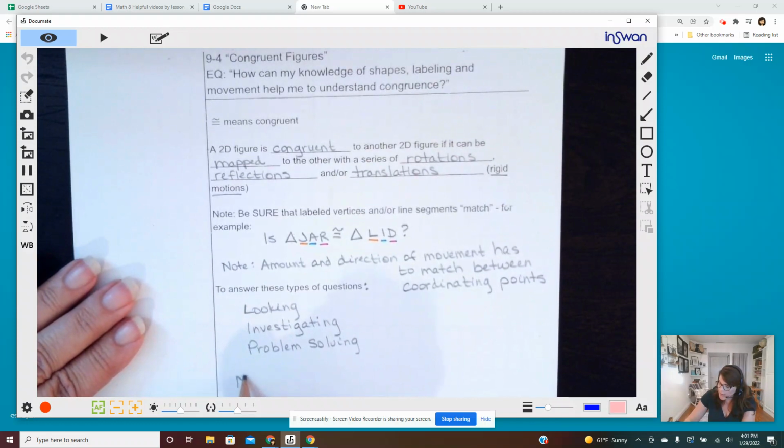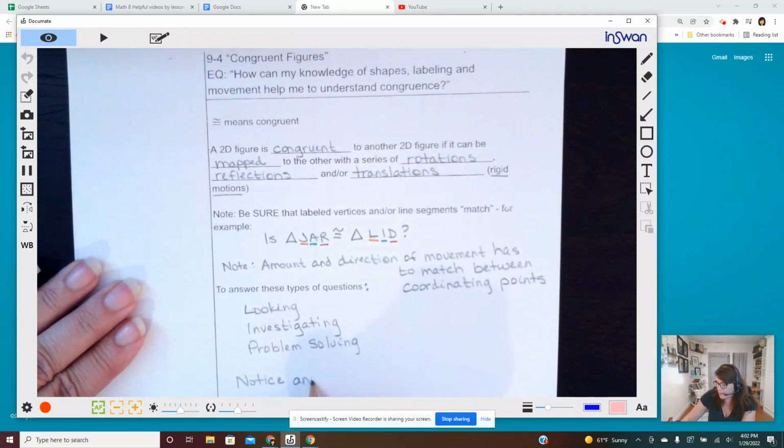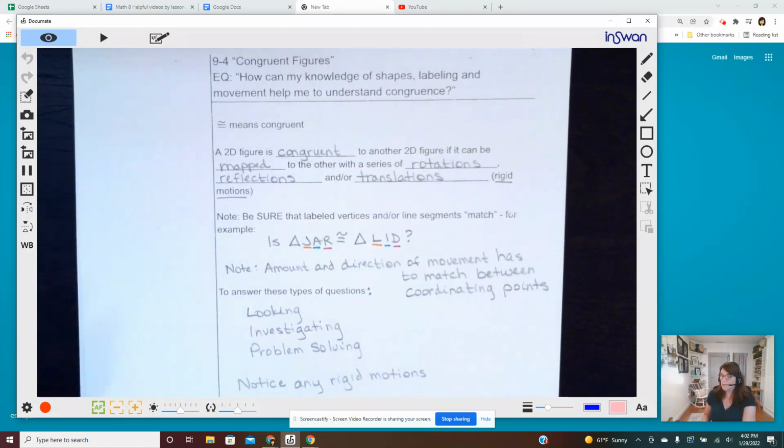You need to notice any rigid motions. This is a little bit of a detective discovery type activity.